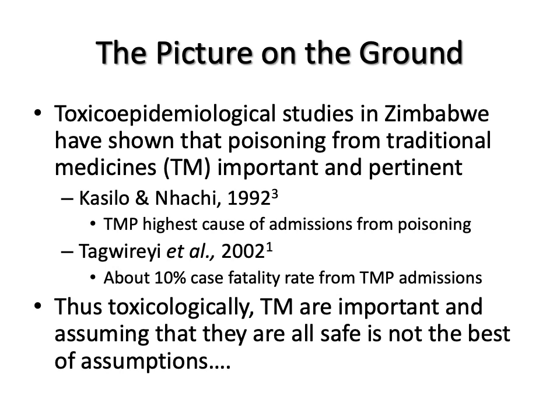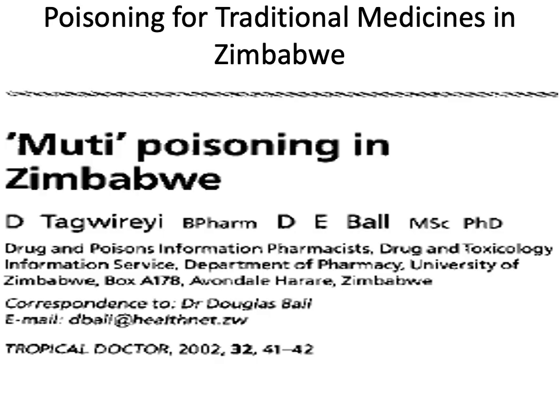At this point, I would like to refer students to three main papers. The first one is a paper published by Tagwire and colleagues in 2002, which looked at multi-poisoning in Zimbabwe and basically looked at the patterns of poisoning as well as the clinical symptoms of poisoning at Parirenyatwa Hospital, which is one of the major referral centers that we have in the country.